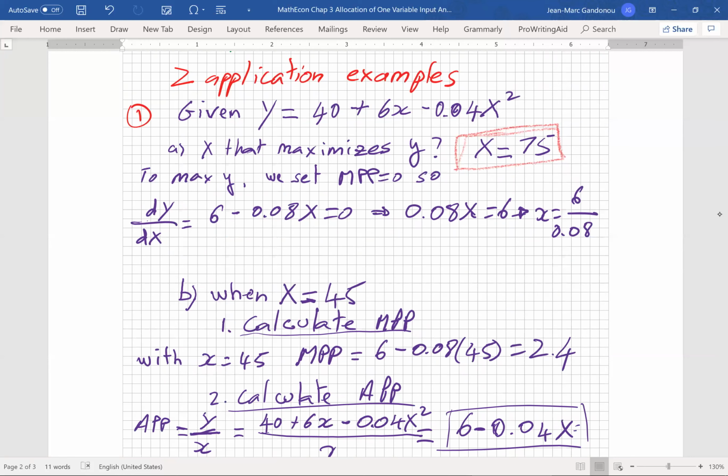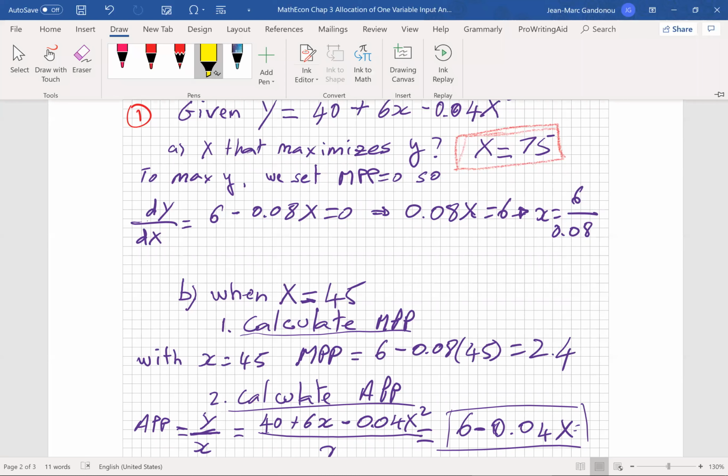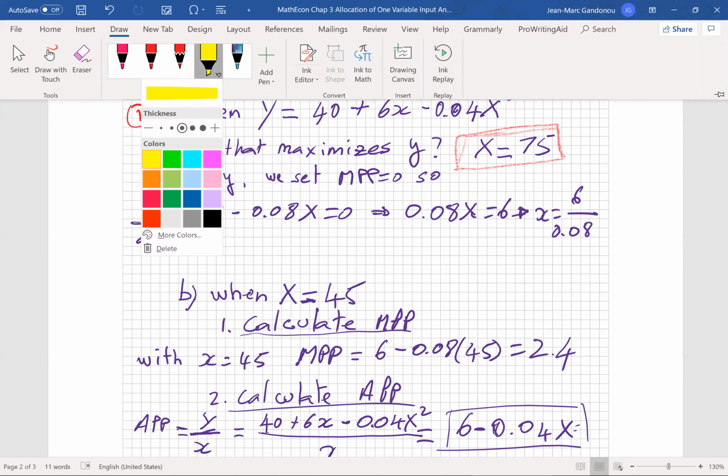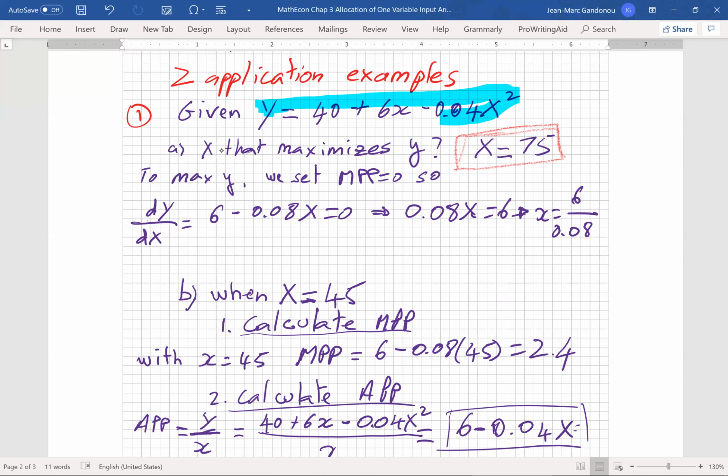Now we'll go through a few applications, and in these applications we have a production function that is given to us, this one here, and a number of questions.